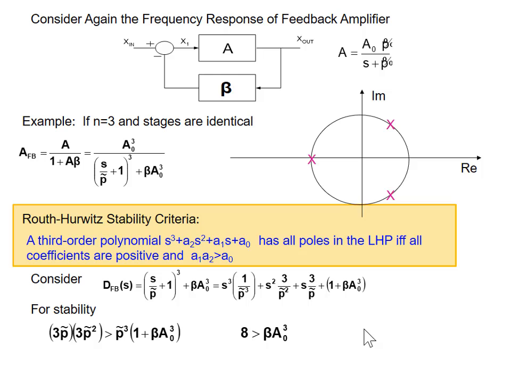Less than 8. 2 would put the pole on the imaginary axis, right? So we have to have gain less than 2. Well, that's a bummer. We're not going to get much gain by cascading 3 amplifiers together. Make sense?